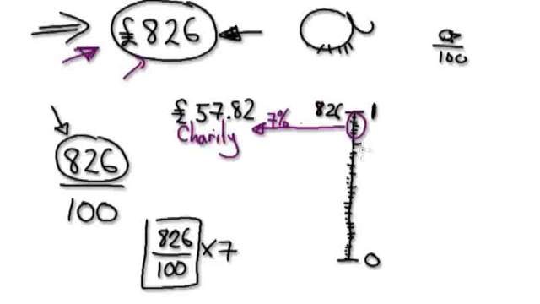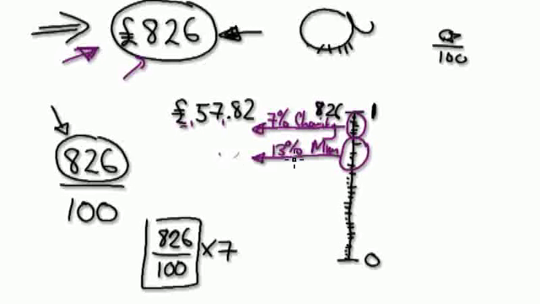Okay. Now let's say you're going to give, don't forget you've got 100 pieces, let's say you're going to give 13 pieces to your mum. So 13% going to mum. So you're giving 13% to mum. So what that means is, get your whole thing, which is 826, divide it into 100 equal parts, and then remember you're giving 13 pieces to your mum.